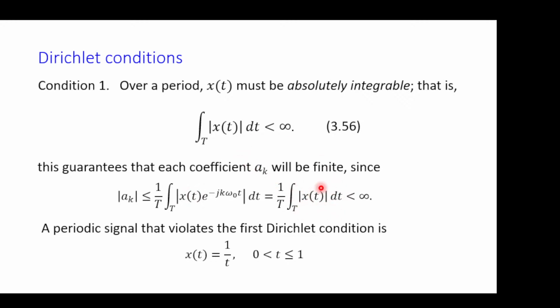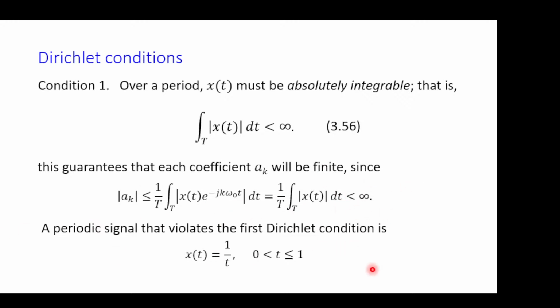We just said the integral of the absolute value of x(t) is finite, then you divide by T, which is still finite, so your a_k is finite, and this is true for every k. So a simple derivation, and we see that if x(t) is absolutely integrable, then all the a_k will be finite. That's something nice, because if a_k is not finite, then you don't even have a series expression.